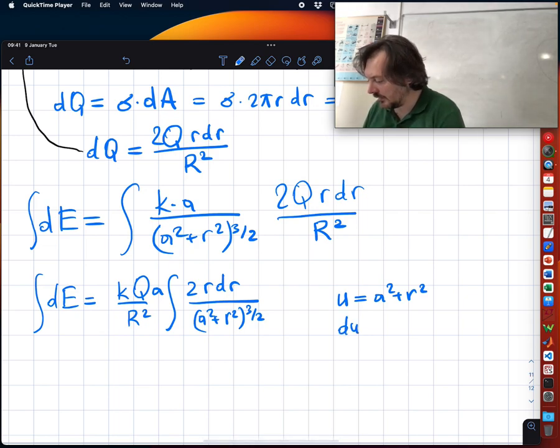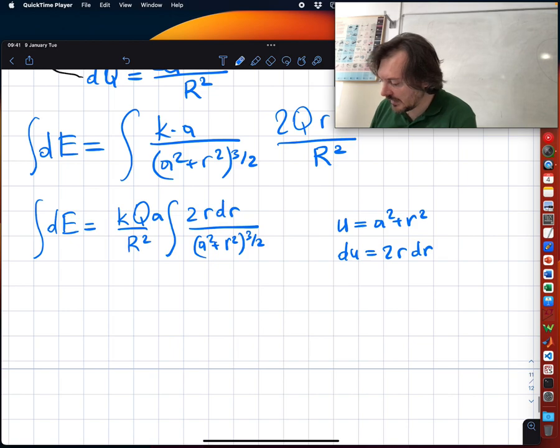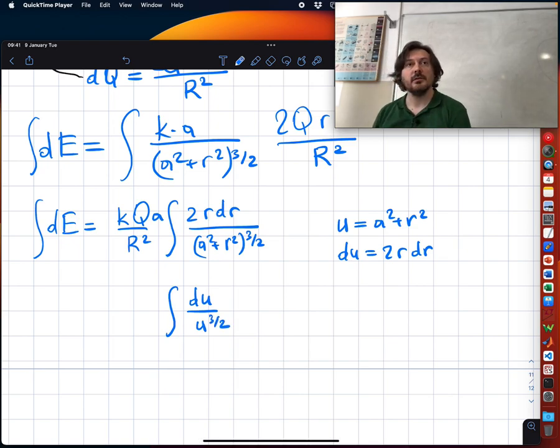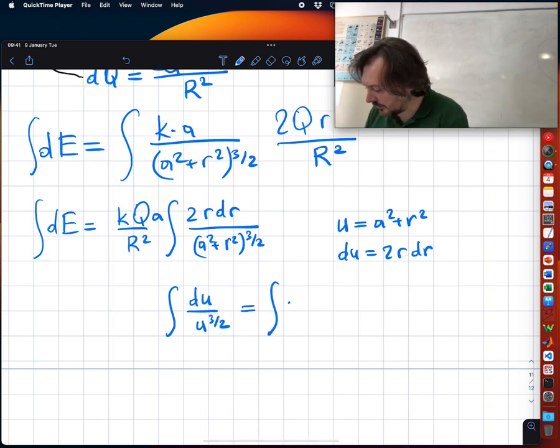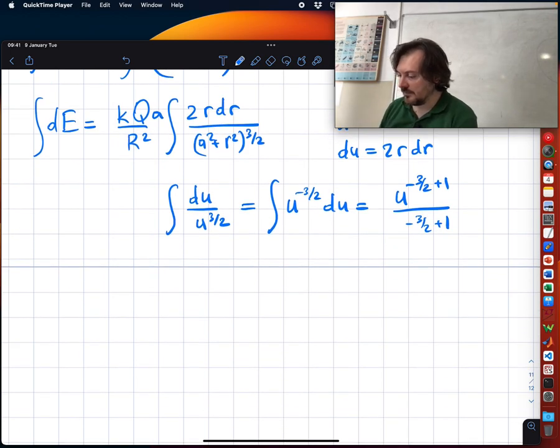Then du is 2r dr. Do I need to explain this? No? And then you have the integral of du over u to the power of 3 over 2. Right? Then you can think of it as the integral of u to the minus 3 over 2 du. Then you can just write u to the minus 3 over 2 plus 1, over minus 3 over 2 plus 1. Did you follow all this? What do I get from this?